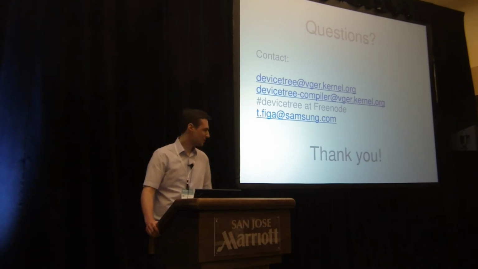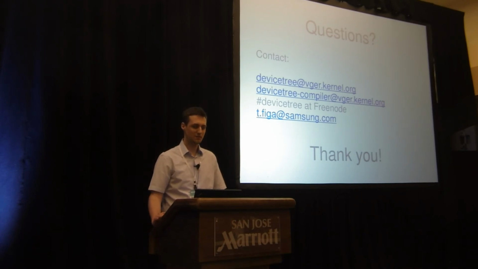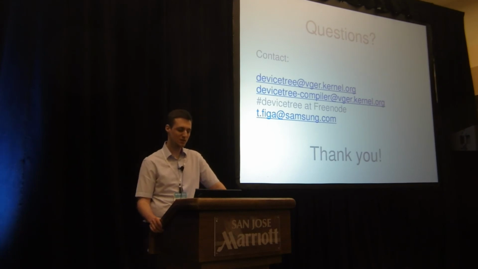I probably forgot to mention on the to-do list that it might be a good idea to separate the generic binding parsing code from the kernel into some kind of general library and reuse that in the Dtc. It's called libfdt.